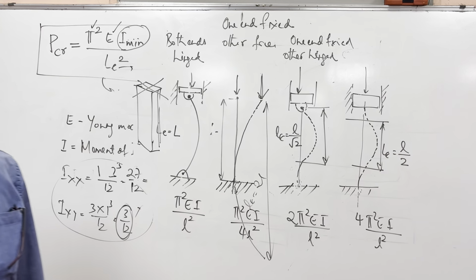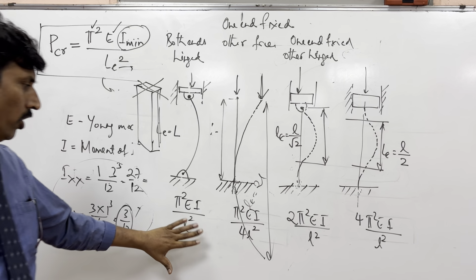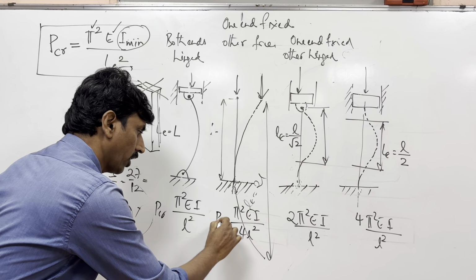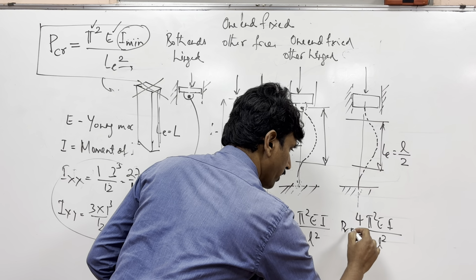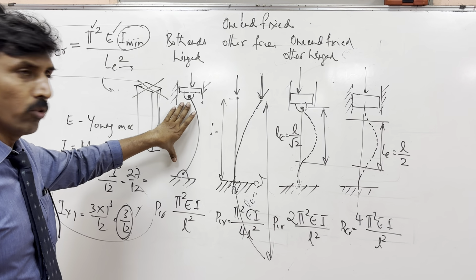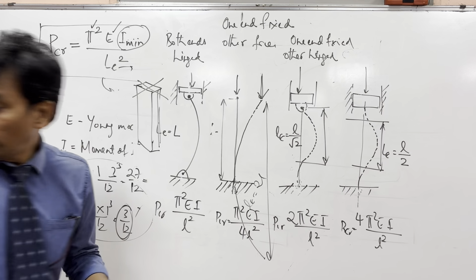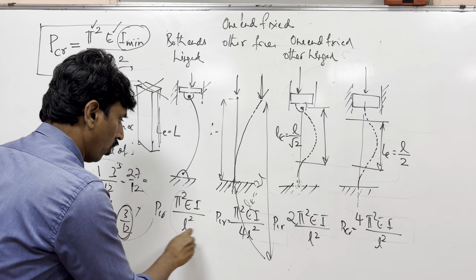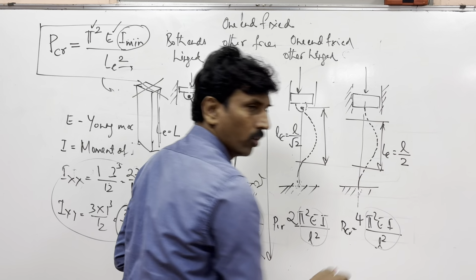Now you can say that if you compare the load capacities of these beams, the PCR, the crushing load capacities, for the same beam, you can figure out that pi square EI by L square is common for all of these.